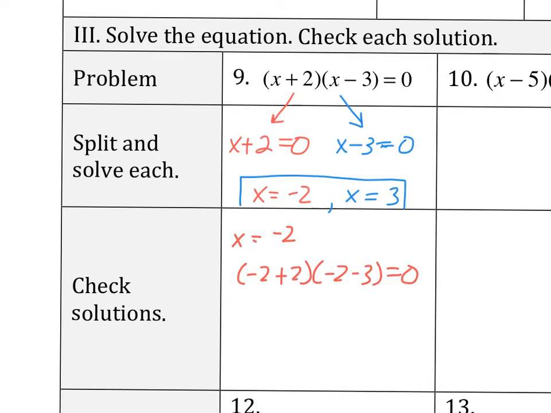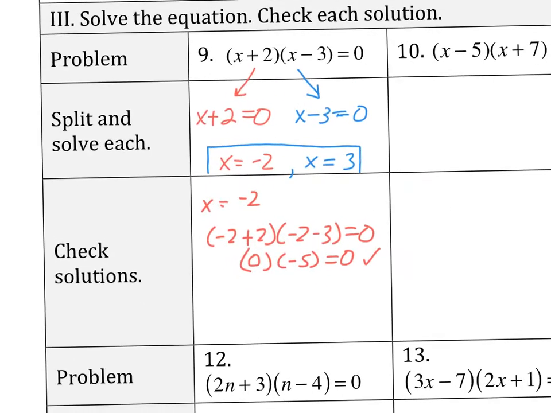Again, what did I do? I put the -2 right here and right here. Oh, but Swenson, why didn't you put them both in? Because I'm just checking to see if this one works. Then I'm going to check if the other one works. Now, this gives me 0, and this one gives me -5, and together, does that equal 0? The answer is yes, because 0 times anything is 0.